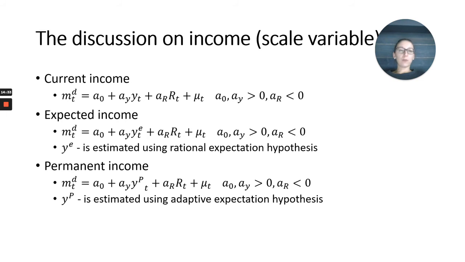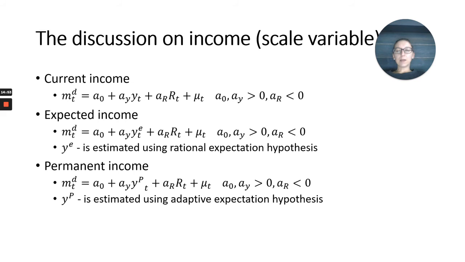It's a question, of course, what income is the most important. Including current income makes the estimation of the demand for money the easiest, as we don't need to estimate the expected or permanent income.